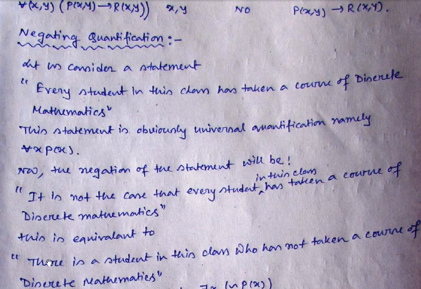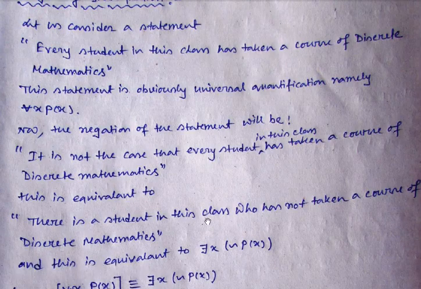That is, there is at least one student in this class who has not taken the course of discrete mathematics. So the negation of this statement actually becomes there exists at least one student in this class who has not taken a course of discrete mathematics. If you take a course of discrete mathematics, then that is the statement px.